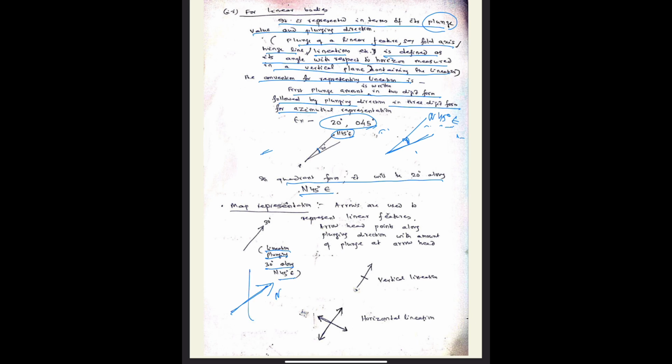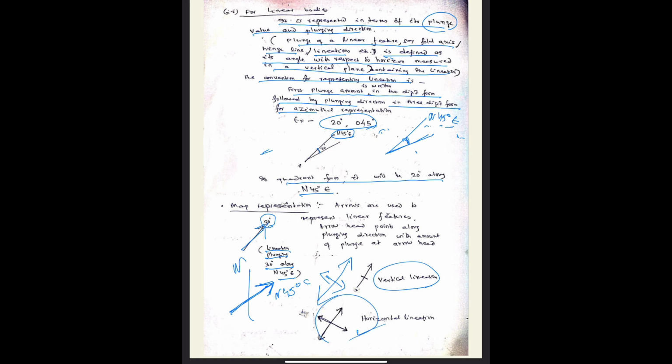So this is north 45 degrees east, and the line is like this, and the plunge amount is mentioned here. If it is vertical, then this line will be perpendicular to it, this is a vertical lineation. If it is horizontal, then it goes on all sides, we have to show it in this form.